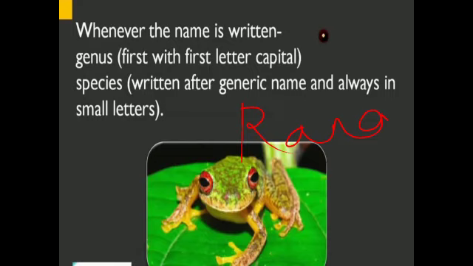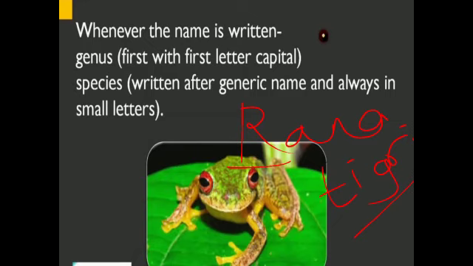The species, which is written after the generic name, is always written in small letters, as in tigrina. So Rana tigrina. This way it is written: the first name, the genus, always starts with a capital letter, and the species is written in small letters.